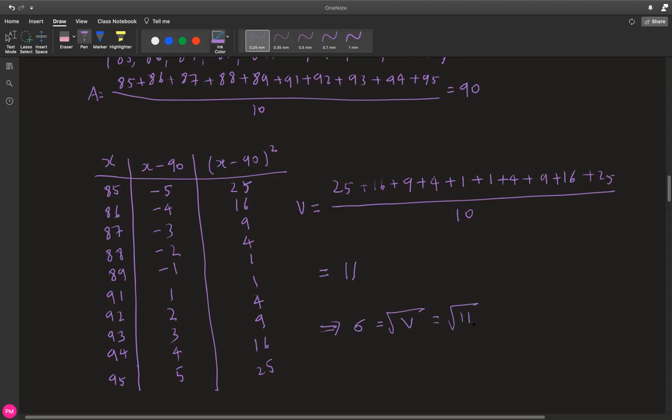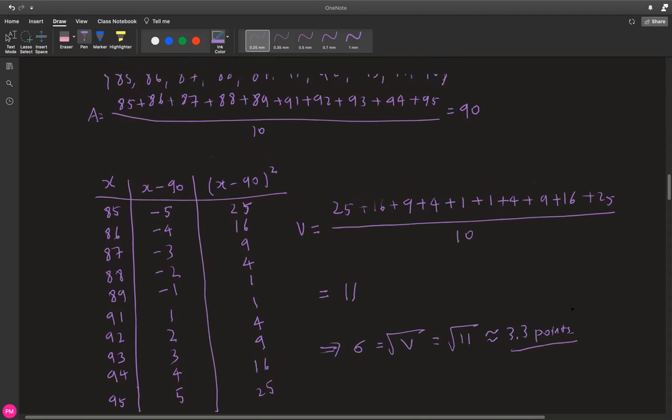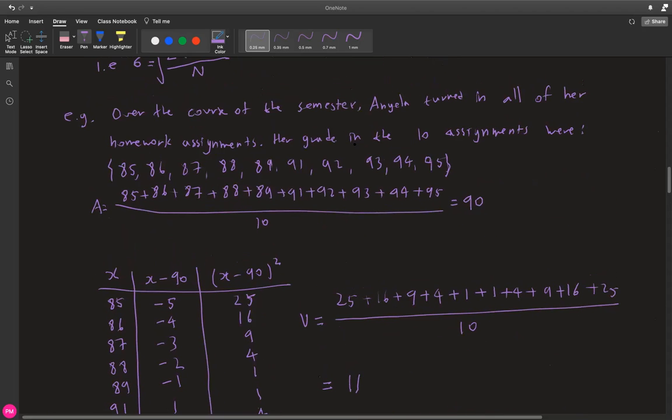And unless the problem says otherwise, it's okay to leave it like that. Or if you put that into a calculator and round to the first decimal, it'll be 3.3 points. So 3.3 points here is the standard deviation of Angela's assignments in this specific class.